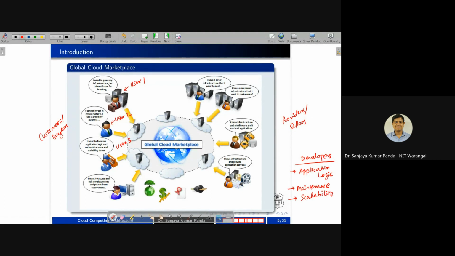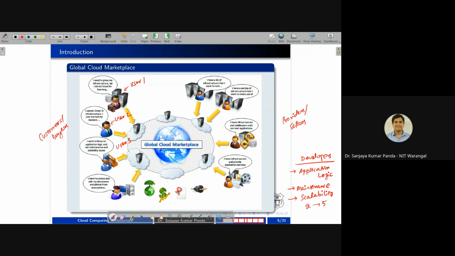For example, you want to develop a particular software, and at a later point of time, you want to scale it to a bigger number. Today, you are using, let's say, two servers. Later, you decide that you want to grow from two servers to five servers. So the developer has to do that. The developer was responsible for everything, starting from application logic, maintenance and scalability, security, monitoring.